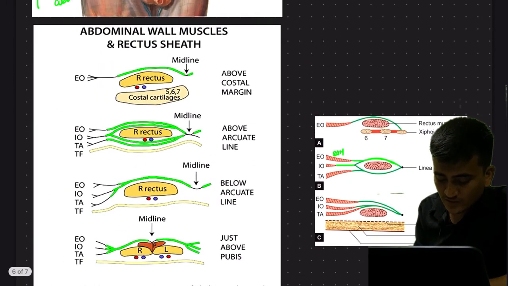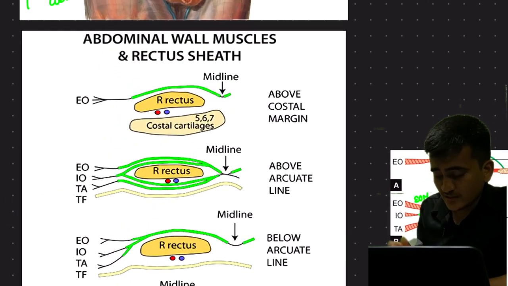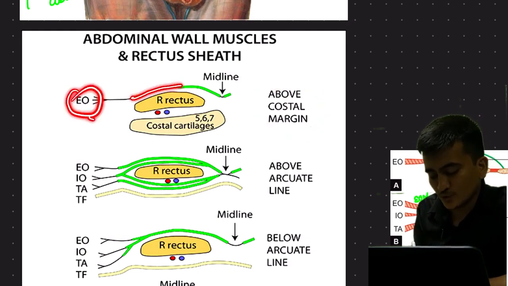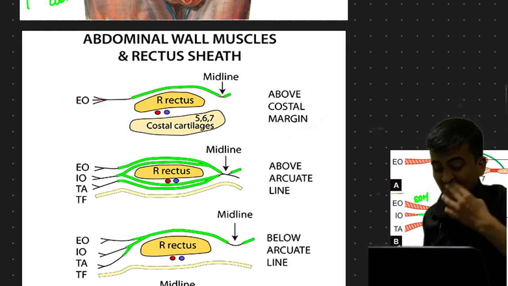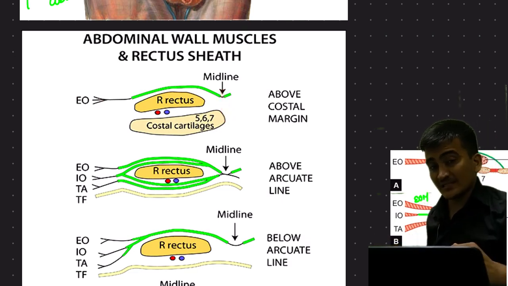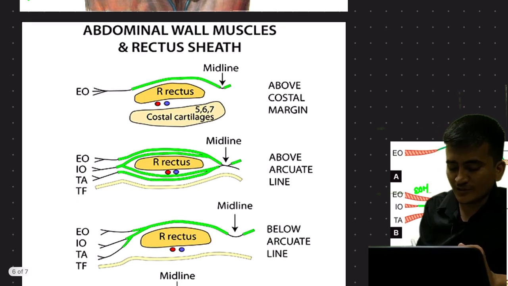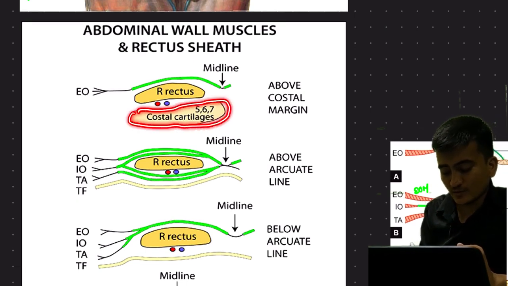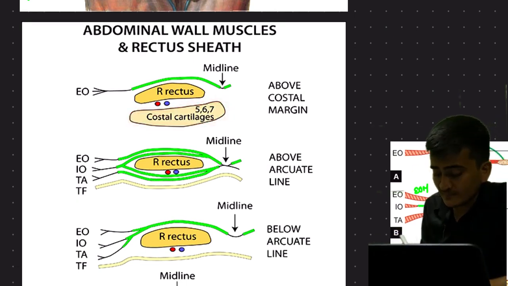So it is also the same thing, right. Okay, you can see above the costal margin the external oblique muscle will only contribute to the anterior surface, and this is the midline, or we can say linea alba, right, and posteriorly you will just sit on the surface of the costal cartilage.